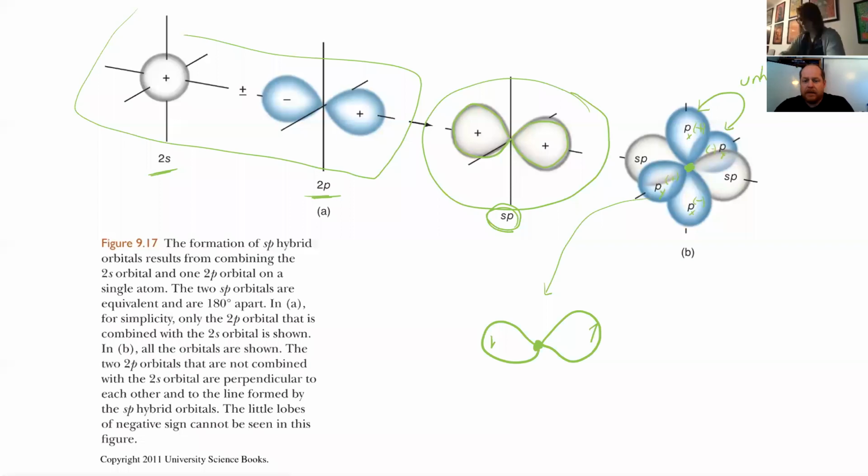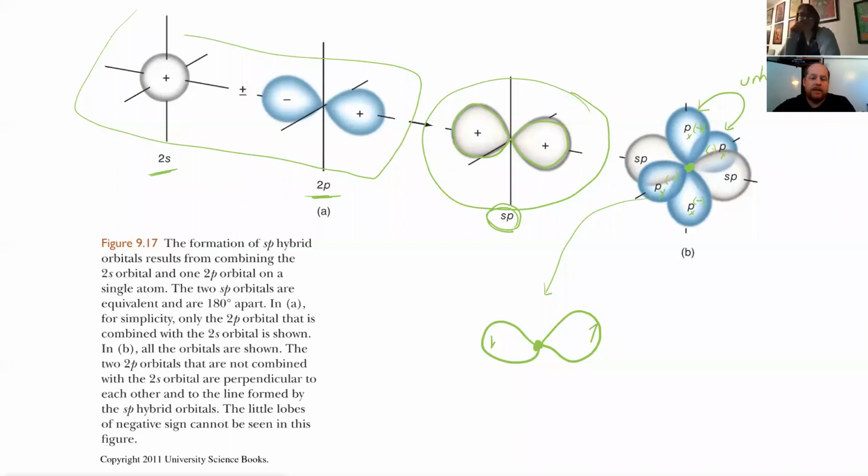Rather than having these pure atomic orbitals, we have to take the pure atomic orbitals of the hydrogen atom and combine them in ways that will give us new wave functions that describe orbitals that have shapes and orientations that really mimic the shapes and the geometries of the electrons in the molecules that we looked at with VSEPR theory.